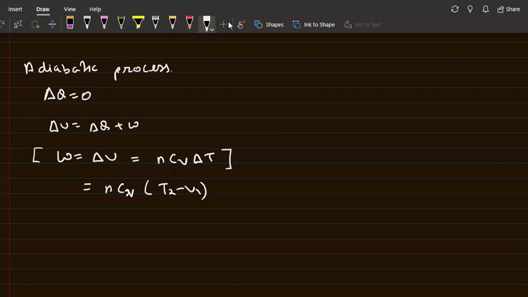Now we know that there's a constant called the adiabatic constant, gamma, which is equal to Cp by Cv. Yes or no? And there's one more relation, which is Cp minus Cv is equal to R. Now, can you convert Cv into gamma and R?